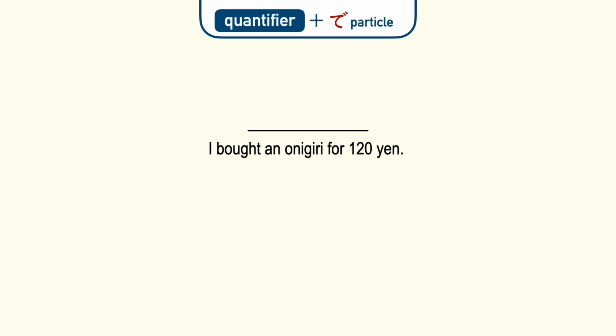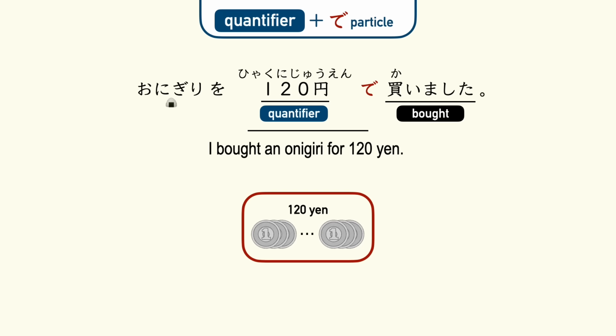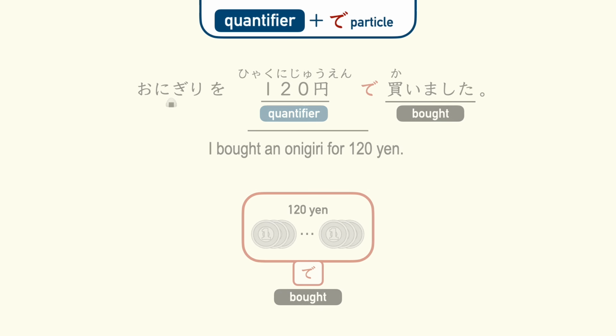I bought an onigiri for 120 yen. おにぎりを120円で買いました。120円でおにぎりを買いました。Very easy, right? But actually, this usage of the de particle is really tricky.